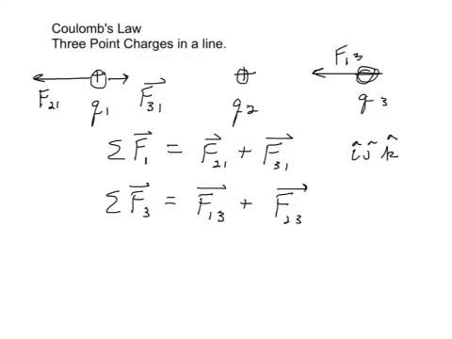Well, 2 is also acting on 3, and it's attracting it, and it's much closer, so it's going to be much bigger. I'm going to erase this because the scale is going to be off. That force should be quite small compared to the second force. So let's put that back in as a very small vector.